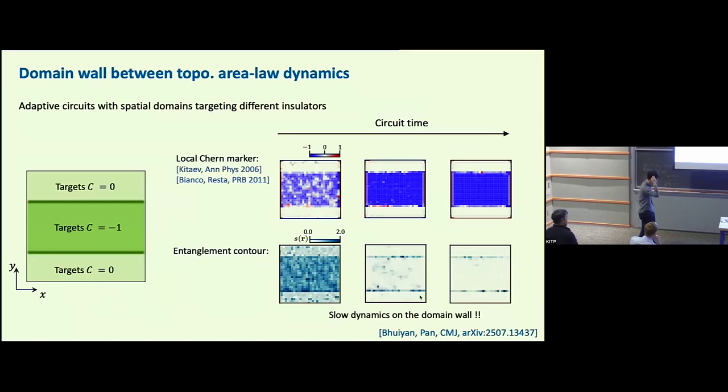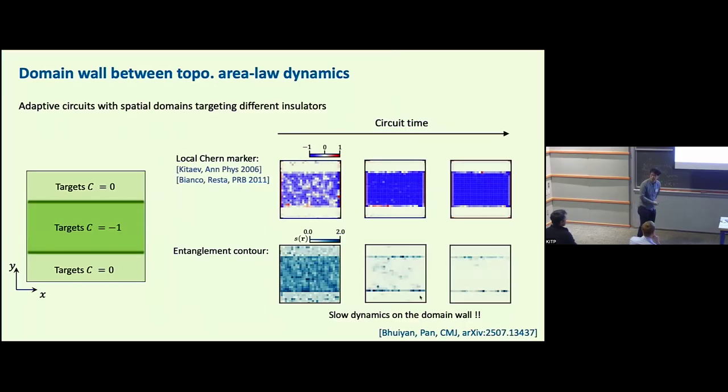And again, if you look at the entanglement contour, anywhere in the so-called bulk of the domain, it becomes white quickly. That means the purification dynamics happen very fast. The measurement quickly killed off all the entanglement that is initially built in between the physical system and any reference system you begin with. But you see that there are traces on the boundary that are left.